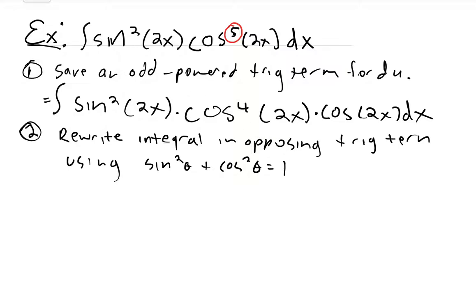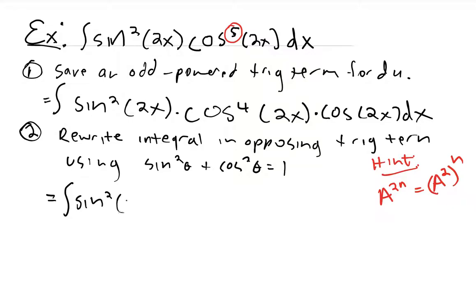Here's a trick for helping you guys with general even powers. I'll offer this up here. If you have a general even power, let's say a to the 2n, you can rewrite this so that it involves a square if you're a little bit sneaky about what you do with your exponents. So I'm going to do that trick right before I do the identity. If my goal is to rewrite everything in terms of sine, that means this piece gets left alone.